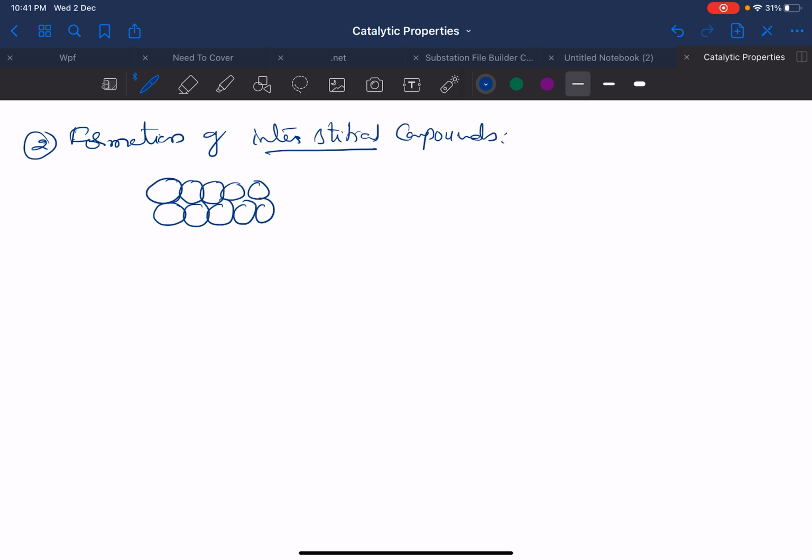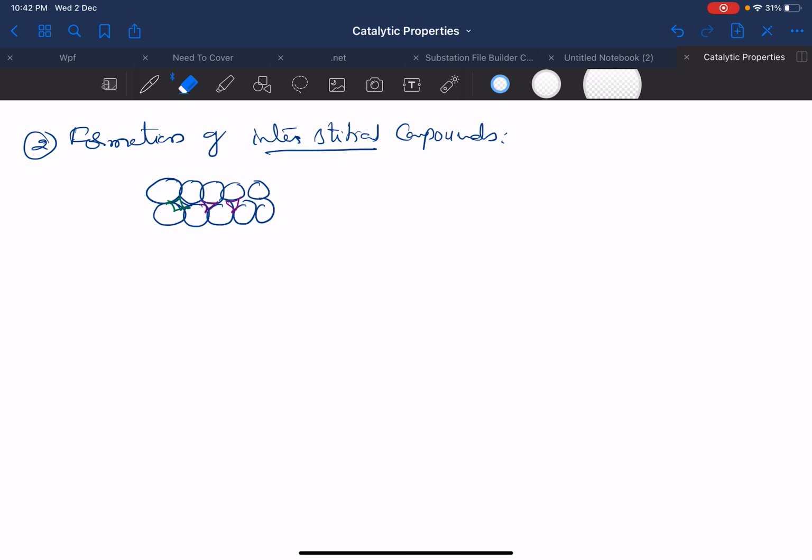The space between these atoms is called the interstitial space.